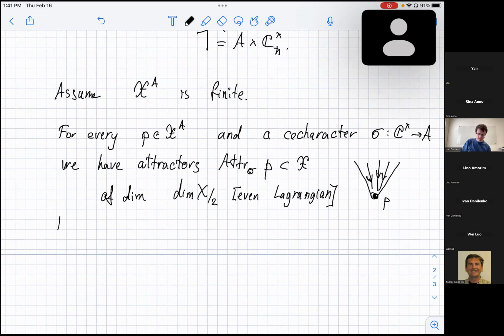So the dependence on generic sigma is locally constant.